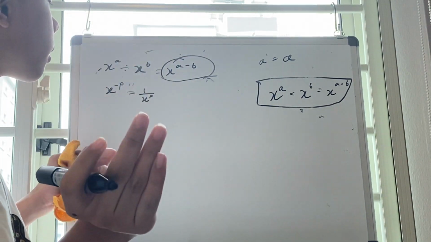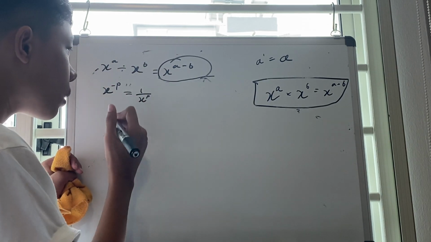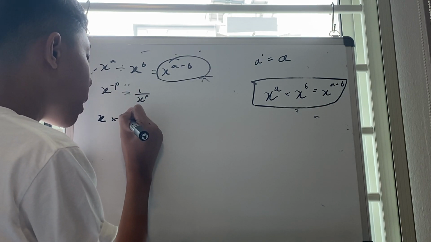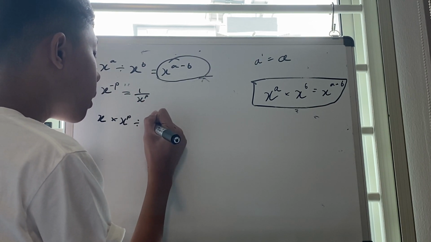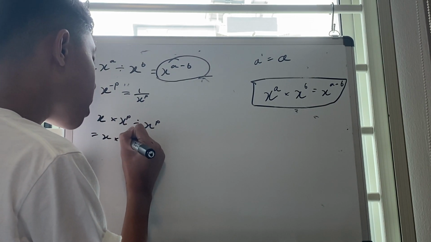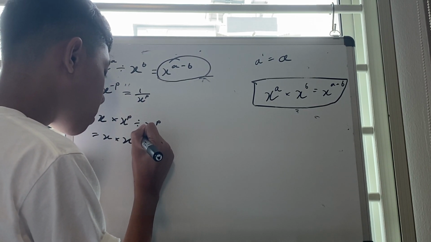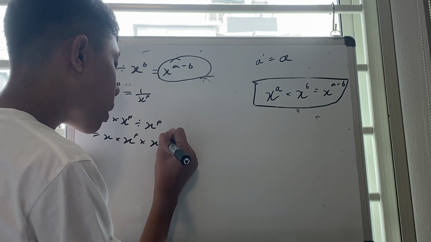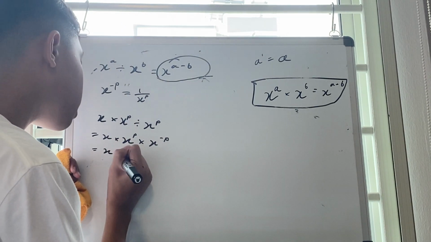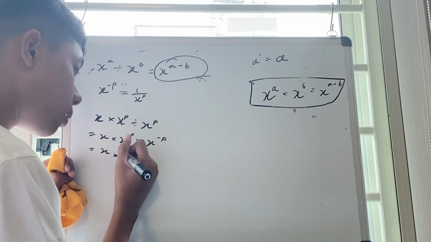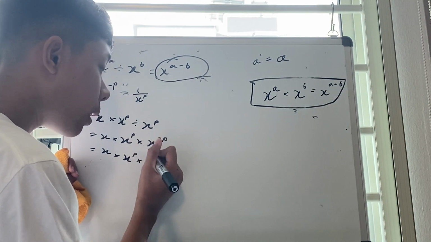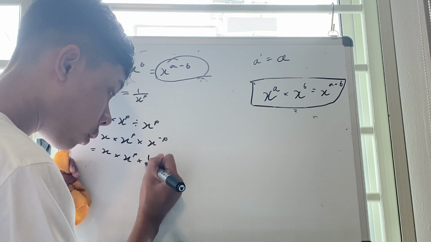Because I showed you earlier, when you're dividing, say we have x times x power p divided by x power p, that equals x times x power p times x power negative p, which is equal to x times x power p times 1 over x power p.